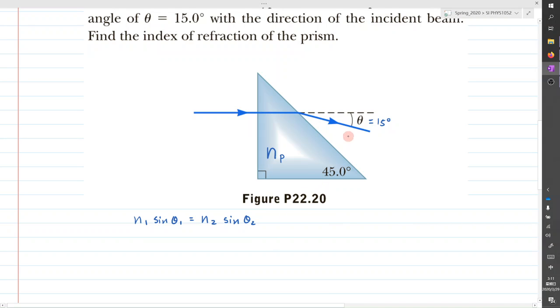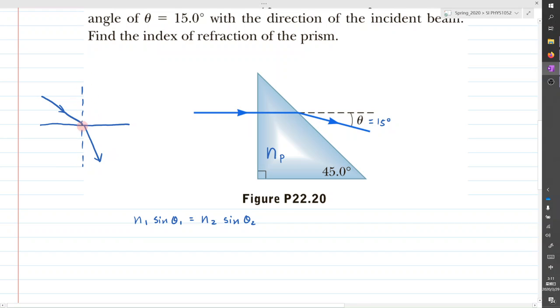It's kind of confusing. I don't know if they did it intentionally, but this theta here is neither theta 1 nor theta 2, because these thetas are the angles between the incident or refracted light and the normal.